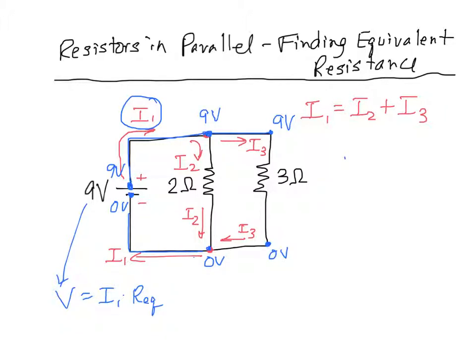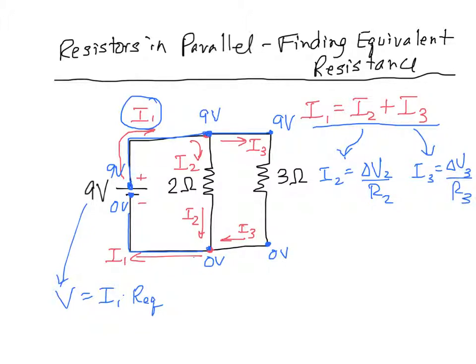To find this equivalent resistance, we're going to start with this equation right here. We know that I1 is equal to I2 plus I3, but I2 is just equal to the voltage across resistor 2 divided by how big resistor 2 is. I3, likewise, is equal to the voltage across resistor 3 divided by the size of resistor 3.